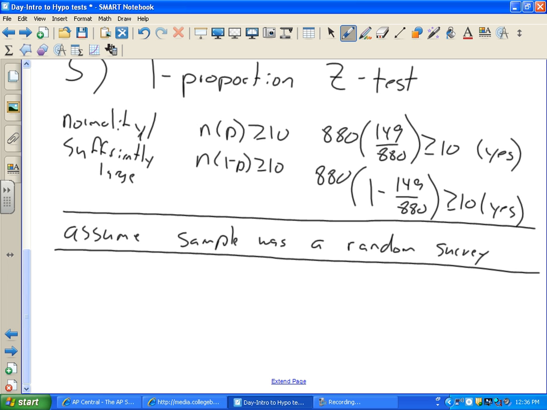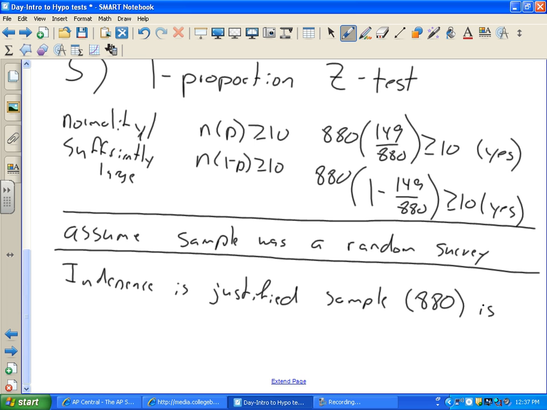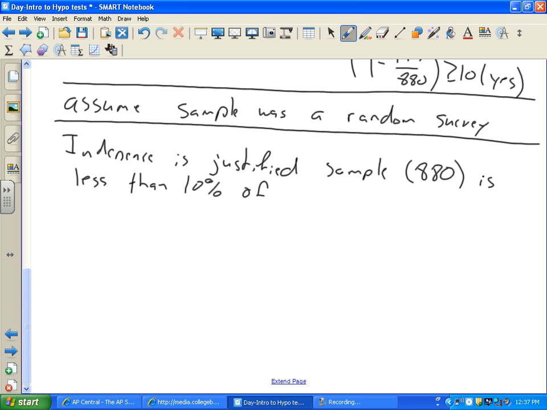Last step. Independence. Independence is justified. In this case, sample, and I'd say 880 is less than 10% of all U.S. households.